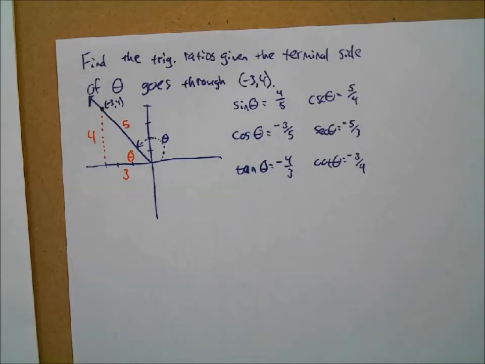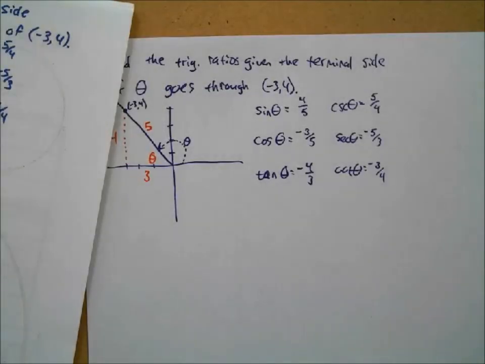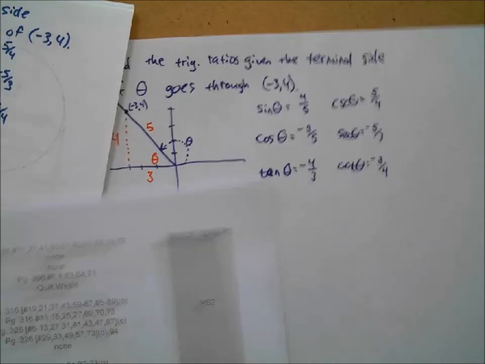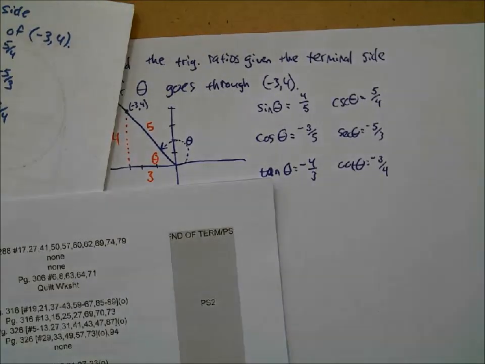Page 316, numbers 13, 15, 25, 27, 69, 70, and 73. Okay, 316, 13, 15, 25, 27, 69, 70, 73. Go ahead, let's please get started.